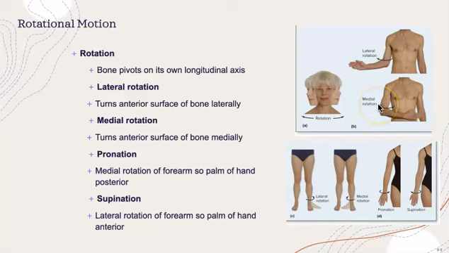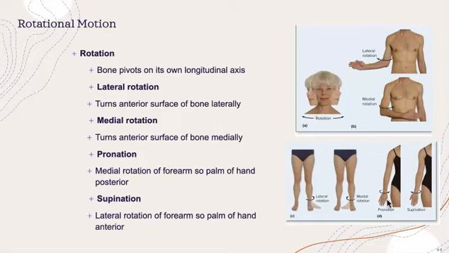Now, we also have specific movements that take place around our forearm. So first we have pronation, and this is when you are looking at the back of your forearm and the back of your hand. And in order to get it into this position, we need to do what's called medial rotation of the forearm to turn the palm of your hand posteriorly or toward the back.